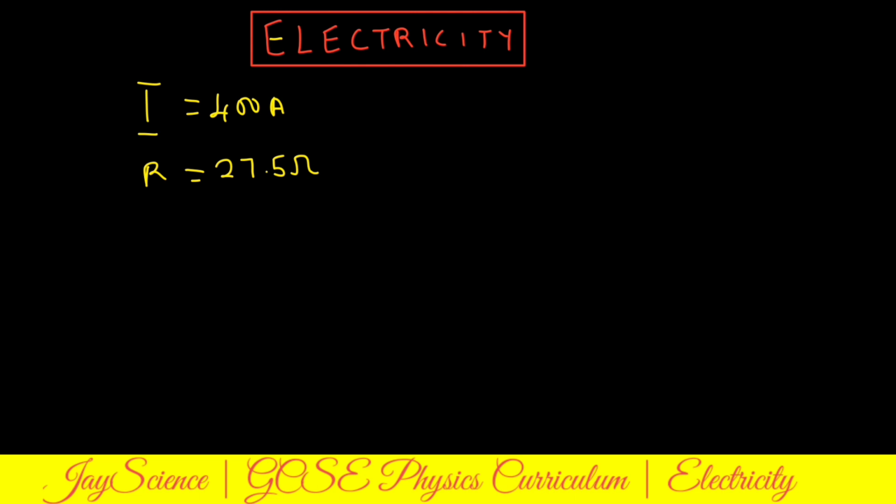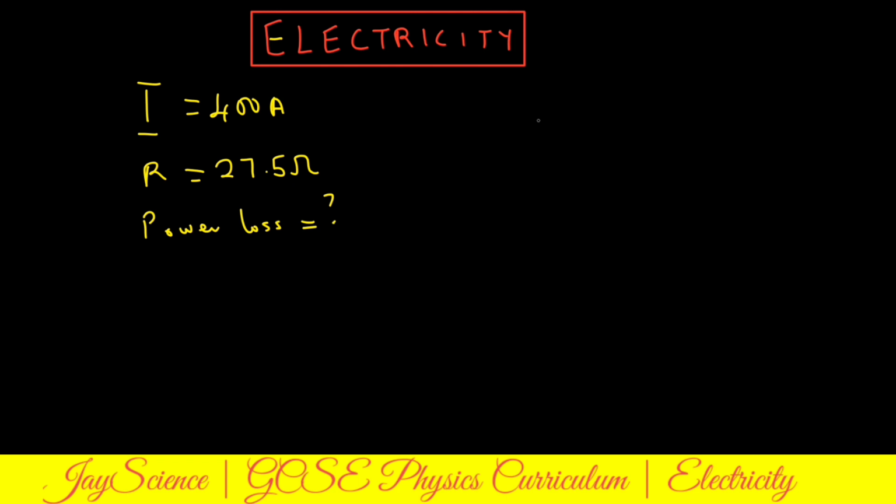Then we're asked to calculate the power loss in the 100-mile length of the power line. All those values we have are just for when the power line has covered a distance of 100 miles. That's what we're concerned about.